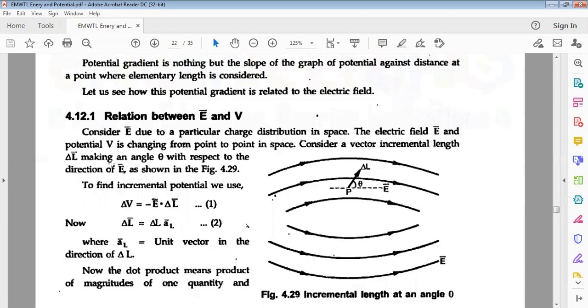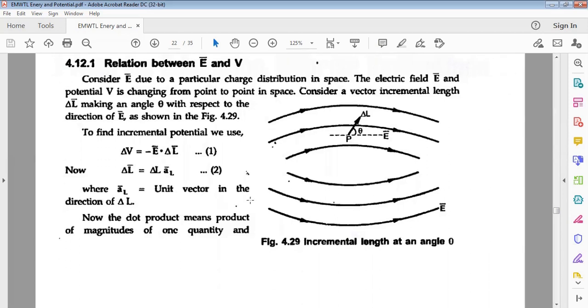Consider a vector incremental length delta L bar making an angle theta with respect to the direction of E bar. To find the incremental potential, we use the formula we already know: delta V is equal to minus E bar dot dl bar. Delta L bar is delta L into aL bar, where aL bar is a unit vector.